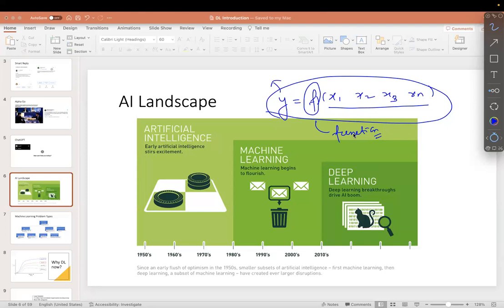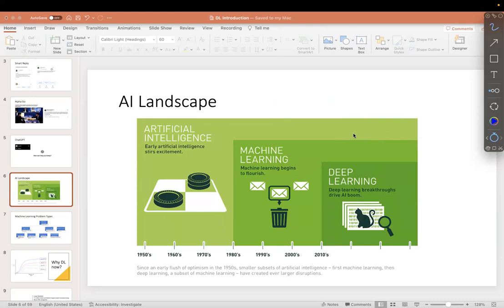Not explicitly programmed systems. But one of the key limitations of machine learning systems is that, if you look at all our traditional machine learning systems, your typical linear regression, logistic regression, decision tree, random forest, boosting, all of these were primarily designed to work on structured data.